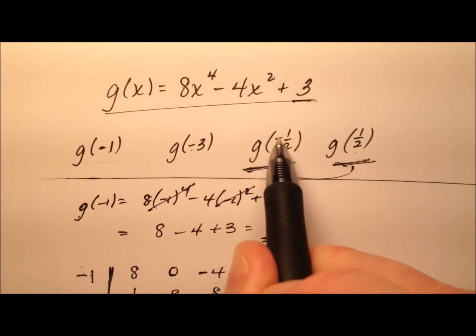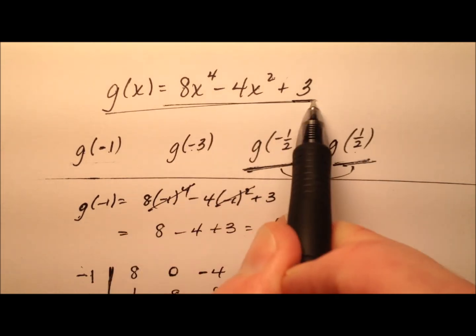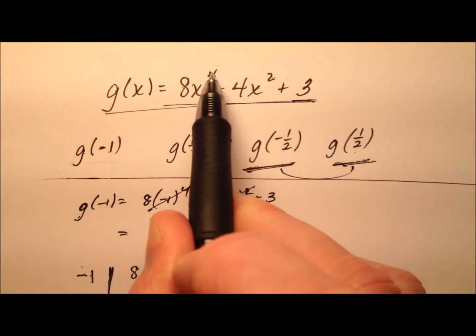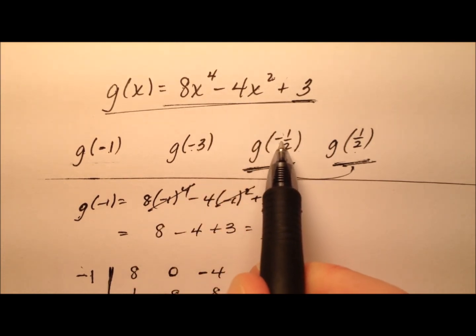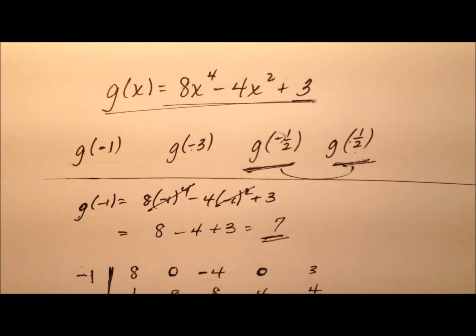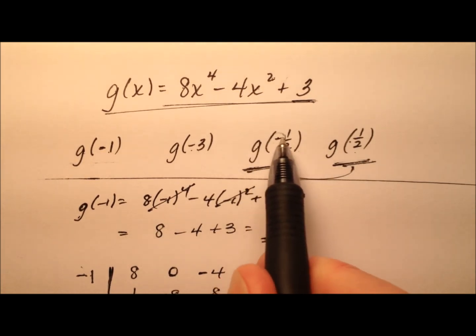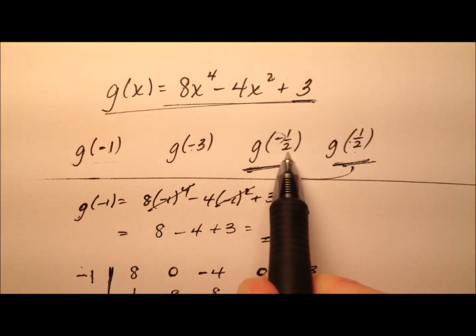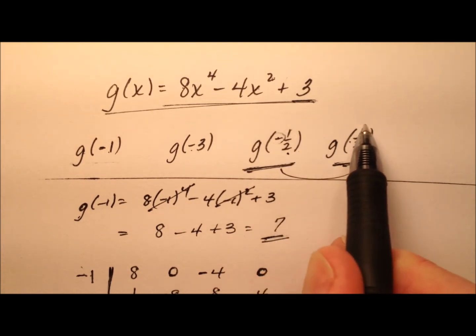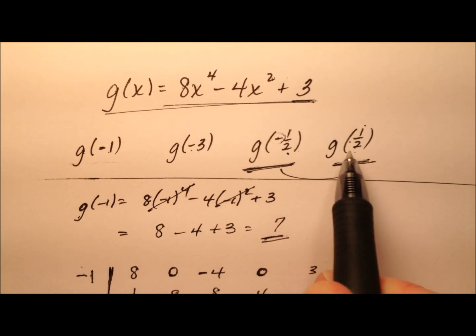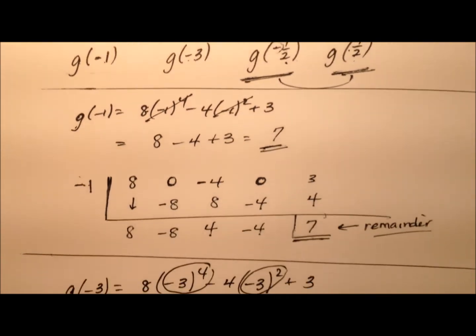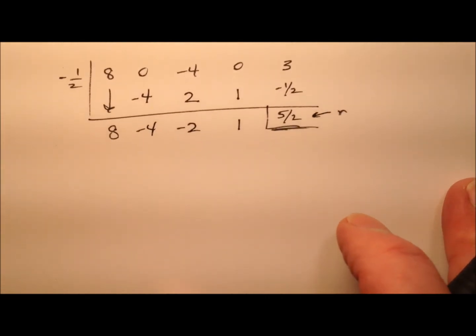So no matter if I plug a negative or a positive in, I'll get the same values because this even exponent will create a positive value no matter if I plug in a negative or a positive. So evaluating g at negative 1/2 gave me 5/2. Evaluating it at positive 1/2 will also give me 5/2.